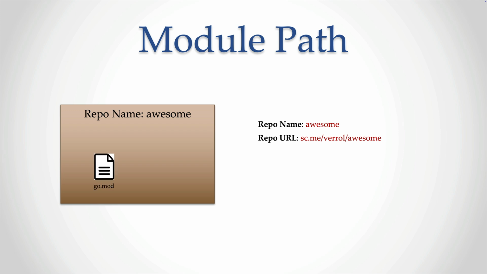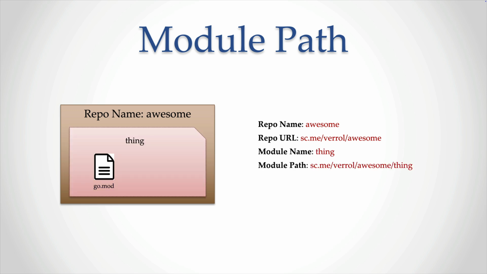But now, once we create a go.mod file in that directory, we immediately have the name of the module, and we also have the module path, which is going to be our repository URL and the name of the module.